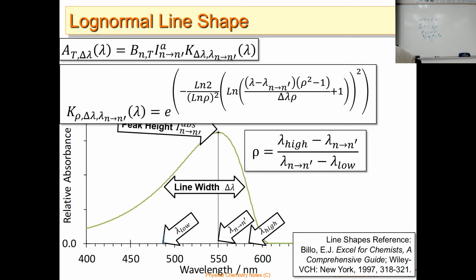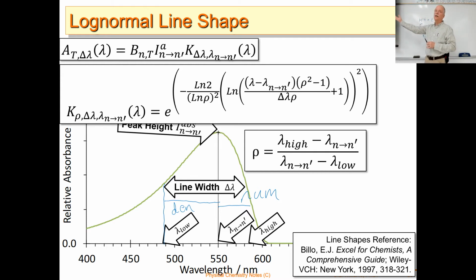You see here, this piece right there is the denominator, and this piece over on this side is the numerator. And so if the asymmetry parameter is less than 1, it will tail to low values.